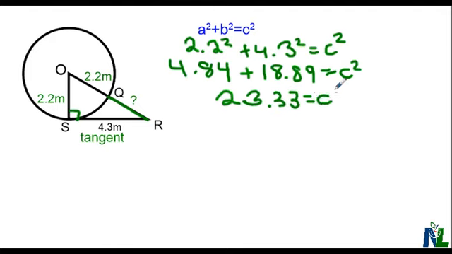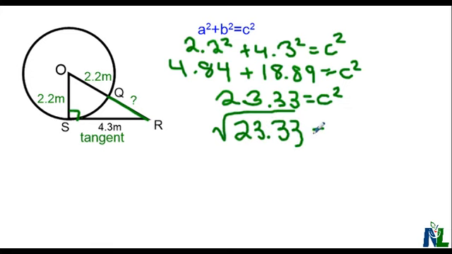We're not looking for the square of the side, we're looking for the side itself. So we're going to need to use square root to find the value of c. And the square root of 23.33 is about 4.8. So c is about 4.8 meters.